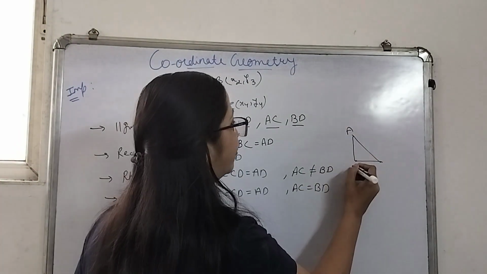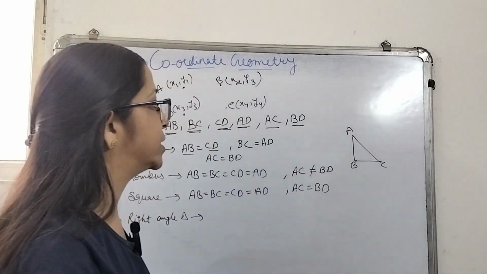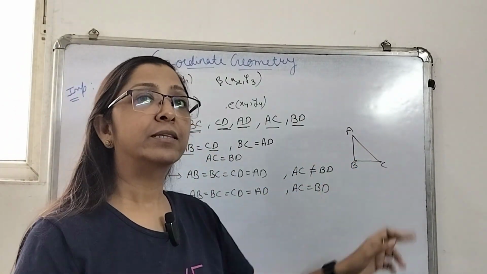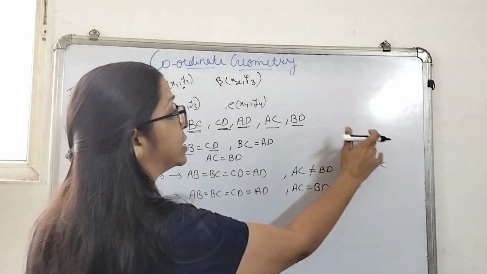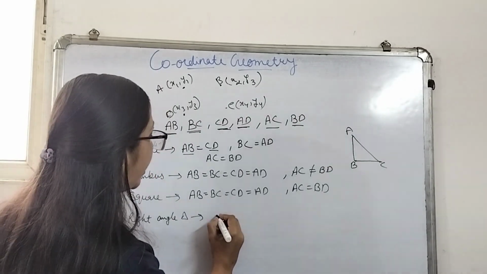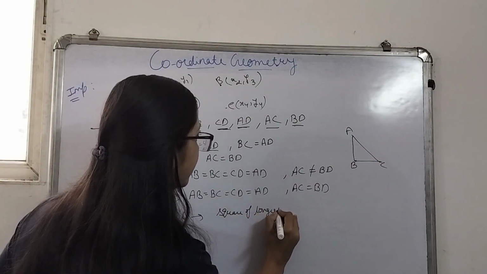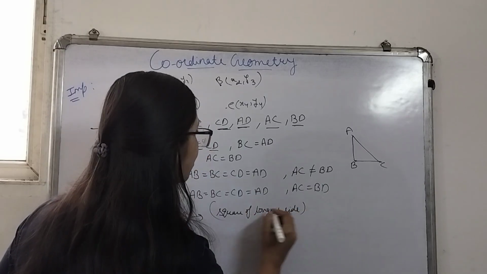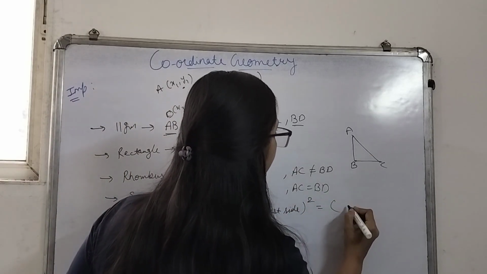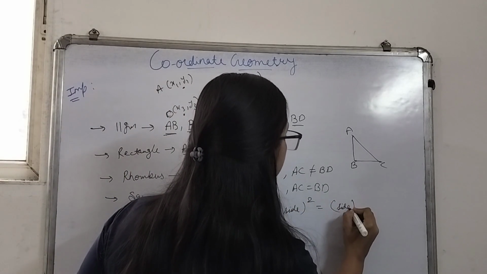That means, suppose these points are A, B, C, then we need to prove that whichever is the longest side, the square of the longest side is equivalent to the sum of the squares of the rest 2 sides.